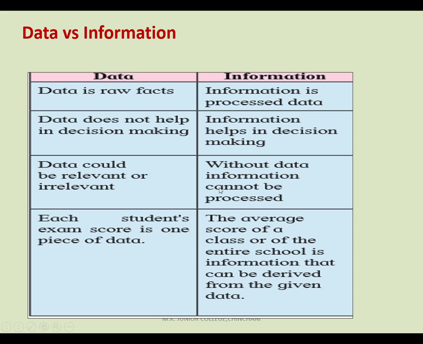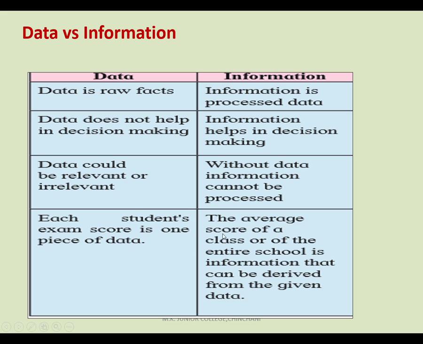Without data, information cannot be processed. So to get information, we must have raw data. For example, they have given that each student's exam score is one piece of data. If the teacher is managing your exam score record, then every student's entry is data.